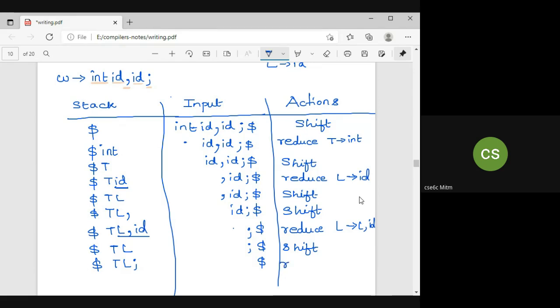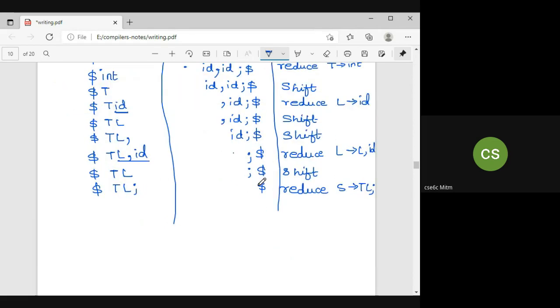So what is the reducing production? Reduce with S goes to TL semicolon. Then we have dollar, and in place of TL semicolon, we get S. What remains here? Dollar. So check the same configuration once again.